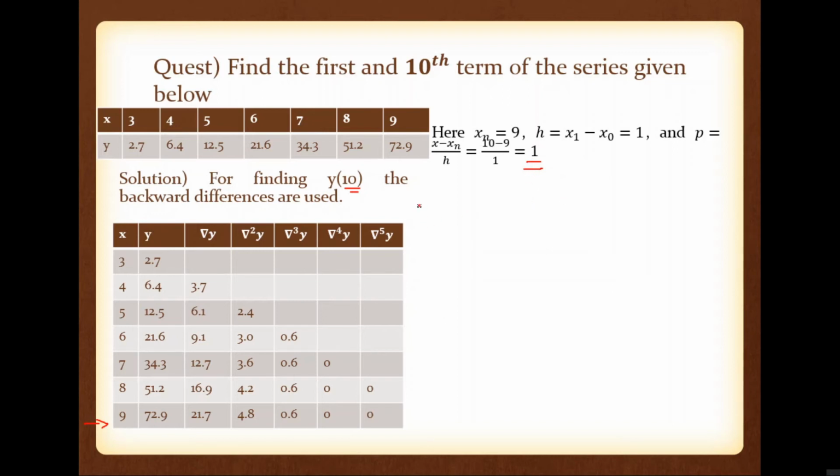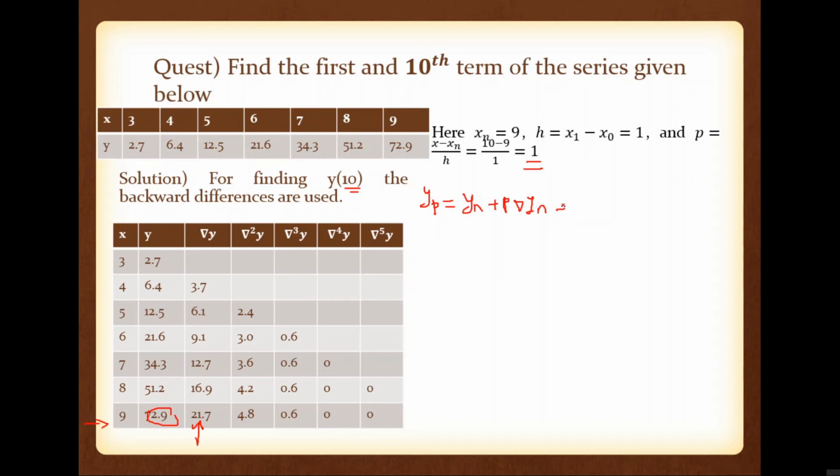Now what about yp? Yp is equal to yn, that is this element, plus p into del yn, this one.